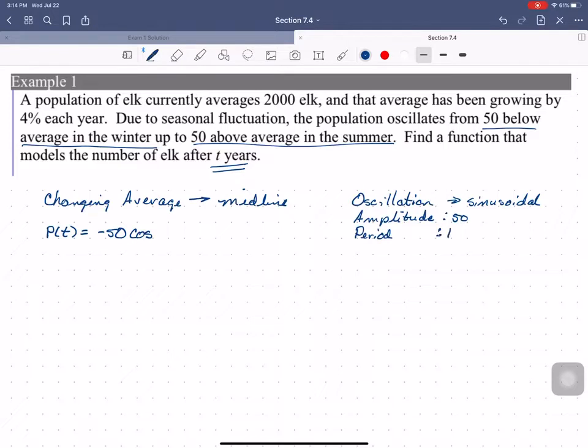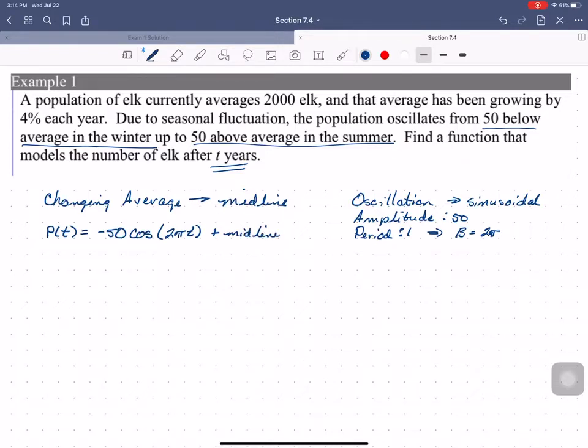Period is 1. Which means that my internal multiplier is just 2 pi over 1, or 2 pi. And now we know we would add in our midline on the backside.